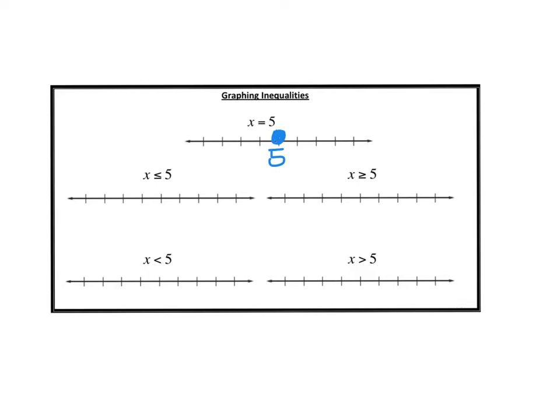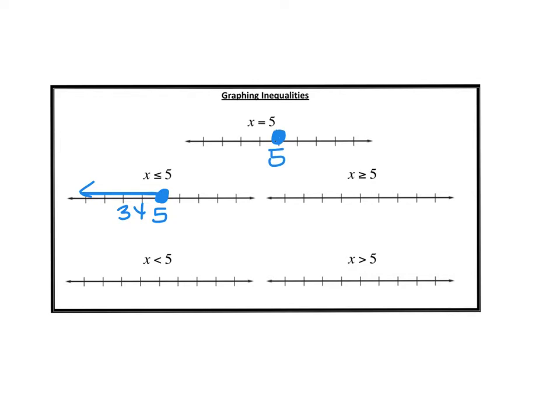Now if I wanted to represent x as less than or equal to 5, I would have 5, so it includes the 5, and it includes everything that is less than 5. So you have 4, 3, 2, 1, 0, and all the negative numbers. It's going to go on and on forever going negative.